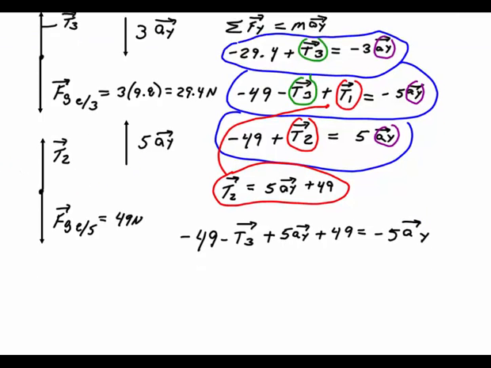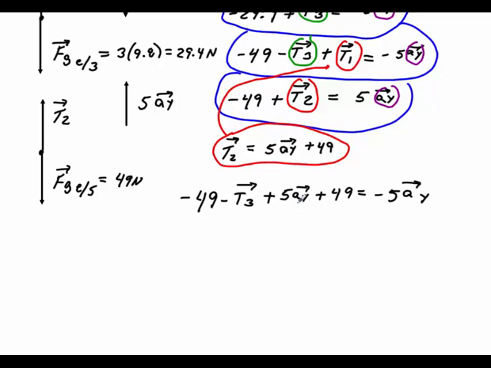Okay, we'll go ahead and simplify that. Move the 5 AY over to the other side. That's going to give you minus 10 AY. Now you notice the 49s are canceling out here and here. So on this side that gives me minus T3. So now we know that T3 is equal to 10 times the acceleration of Y.